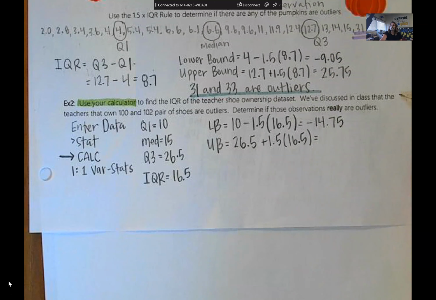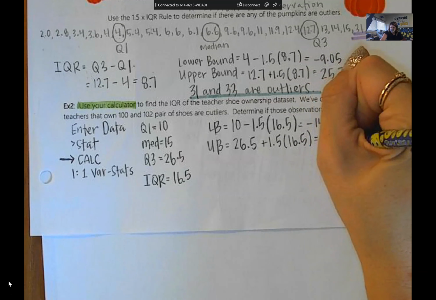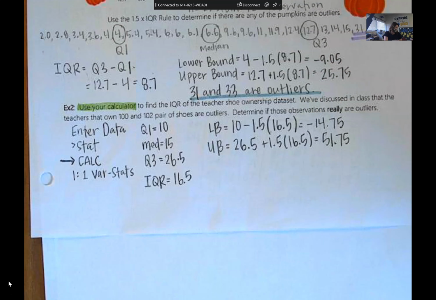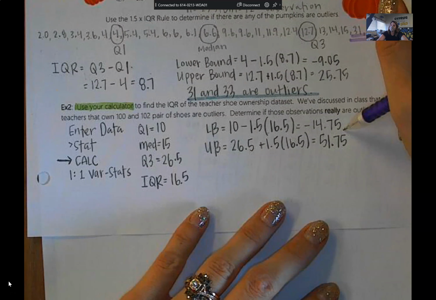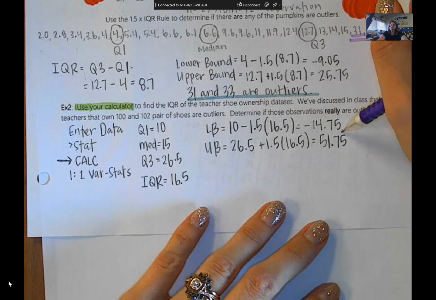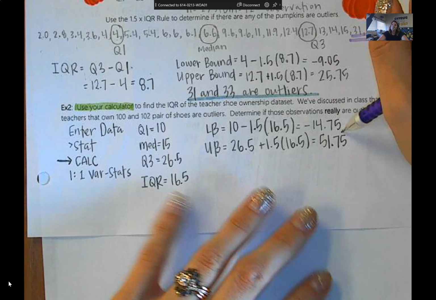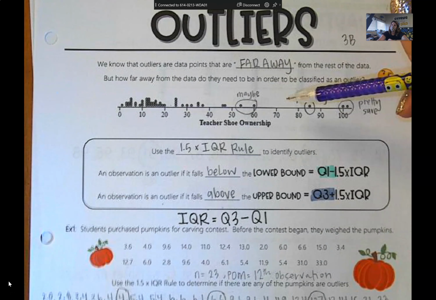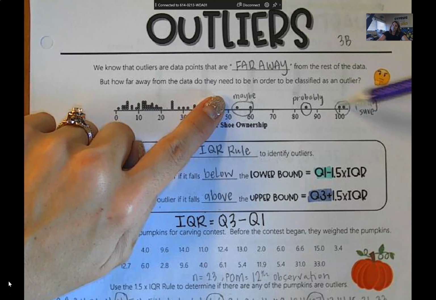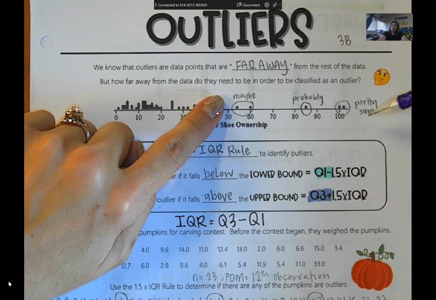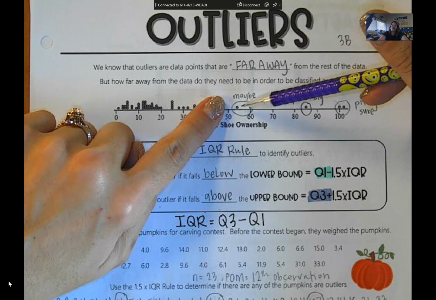Upper bound? So if the teachers owned more than 51.75 pairs of shoes, they are mathematically an outlier. So I go up here, and all of the ones that I was considering end up being outliers, even the ones that I just thought maybe.